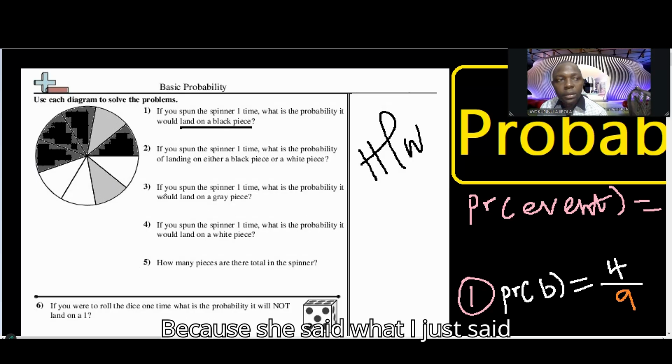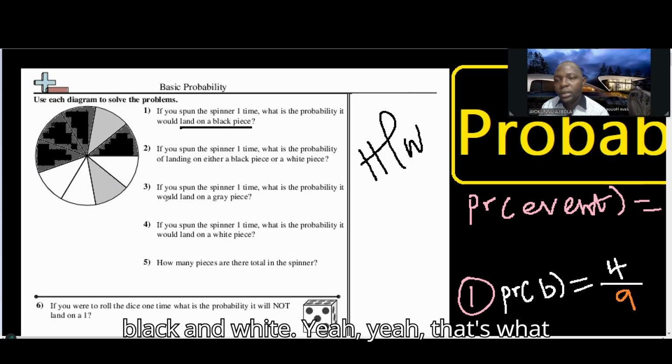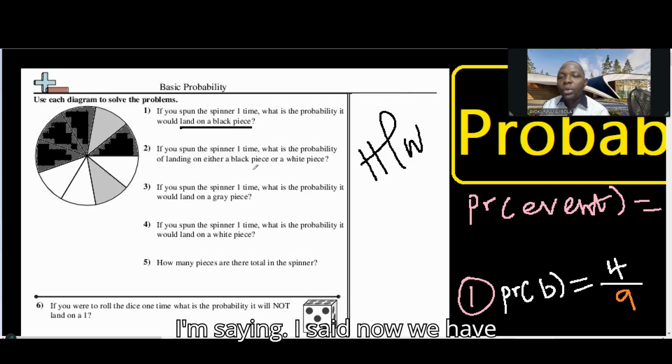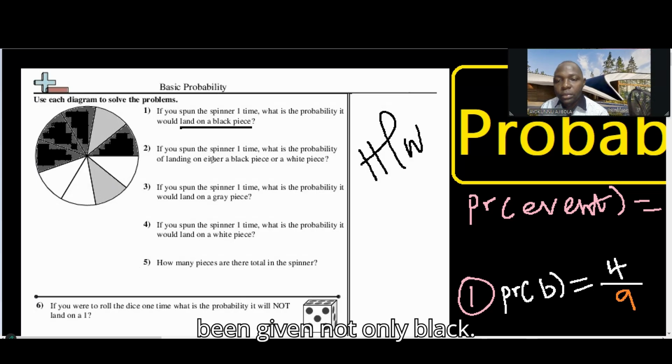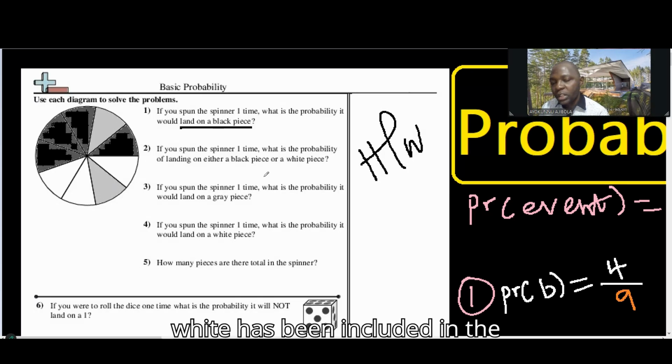Oh, because what I just heard was that you said the piece of black and white. Yeah, that's what I'm saying. I said now we have been given not only black, but black or white. White has been included in the required outcomes.